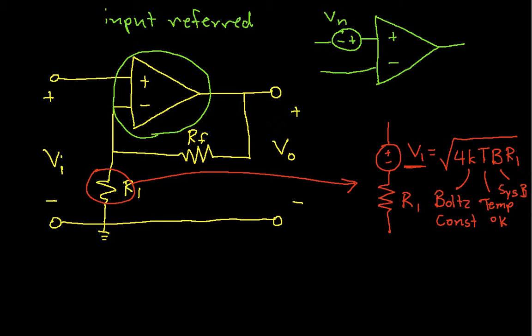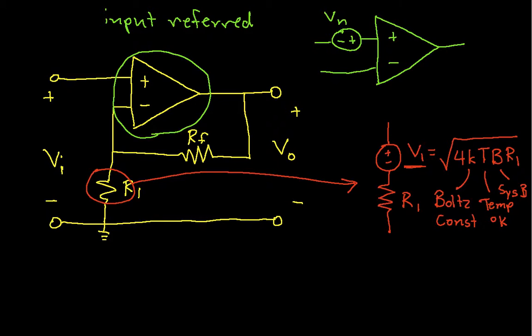This is probably the simplest noise model for an op-amp. There are much more complex noise models. Quite often you will see noise models including both input referred voltage sources connected as we have it connected here, and then input referred current sources, one for the non-inverting input and one for the inverting input.